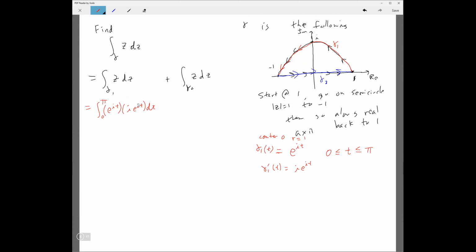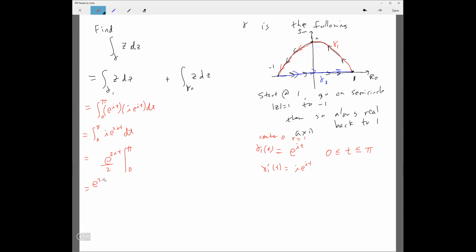That's the first part. Now, I guess we can solve that some more. So that's i e to the 2it, right? And integrating that, you get that, right? From 0 to pi.